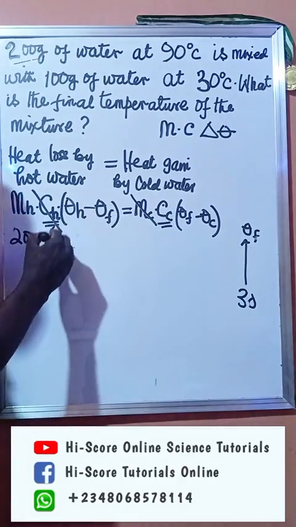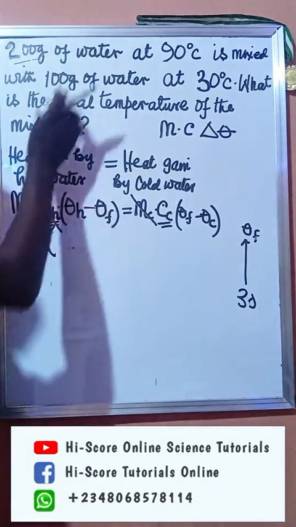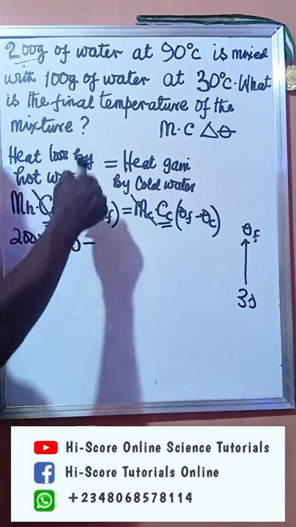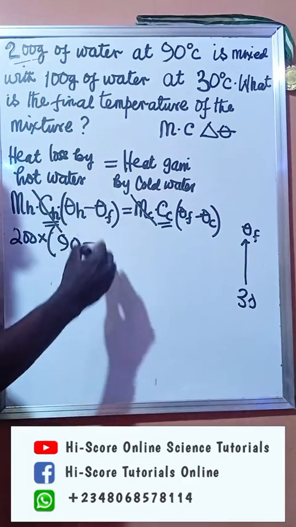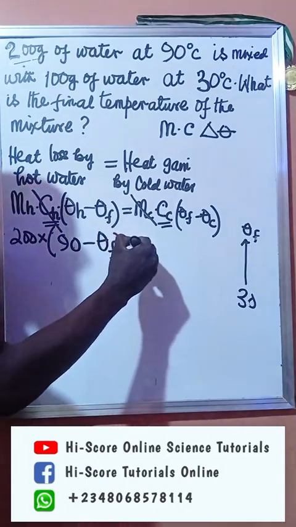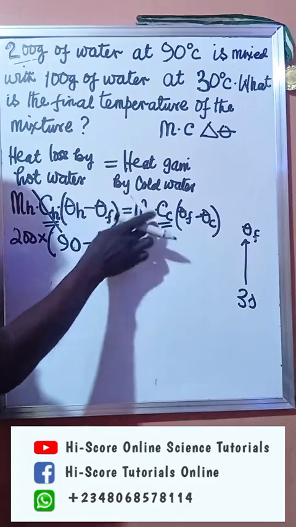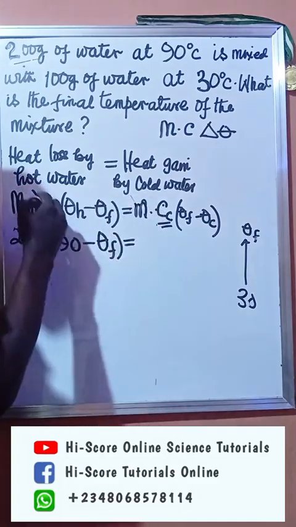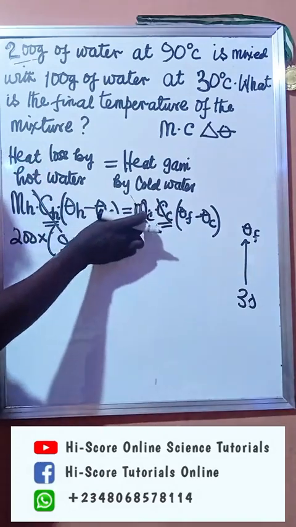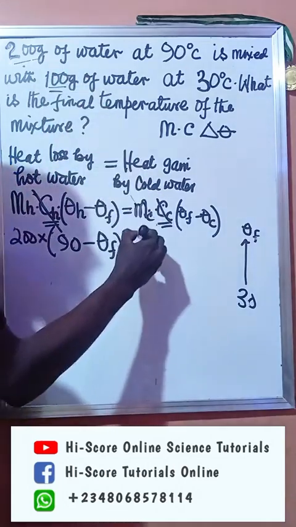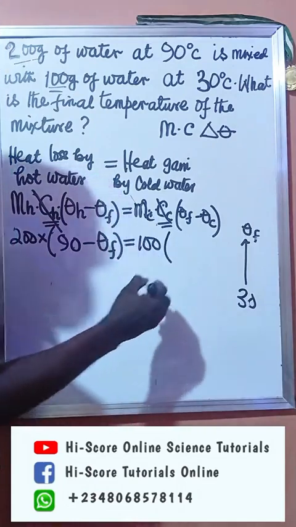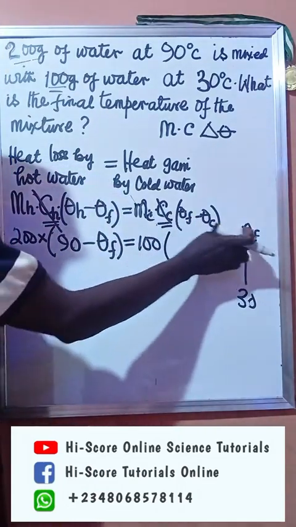So multiply by the temperature of the hot water, which was 90 degrees Celsius, and it has now fallen down to the final temperature theta F. While on the other hand, the mass of the cold water was 100 grams, times... Now, the final temperature is unknown.